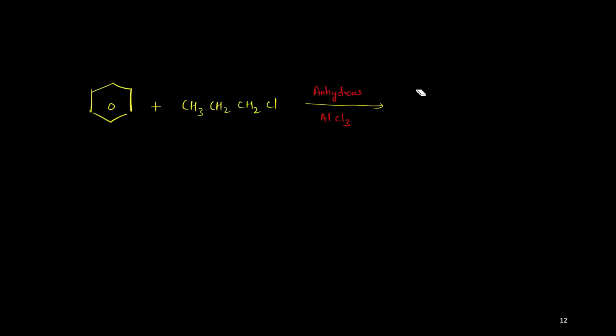What is that? Compound name. Isopropyl benzene, you mean? Yeah, cumene. So it's a benzene with a CH(CH3)2. So this is called isopropyl benzene, or you can also call it cumene.